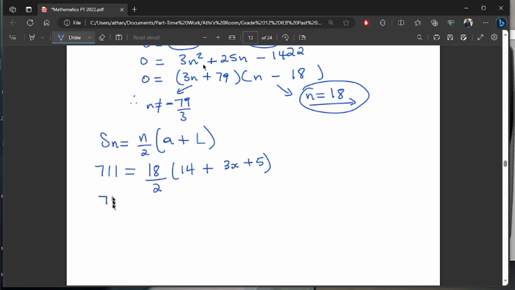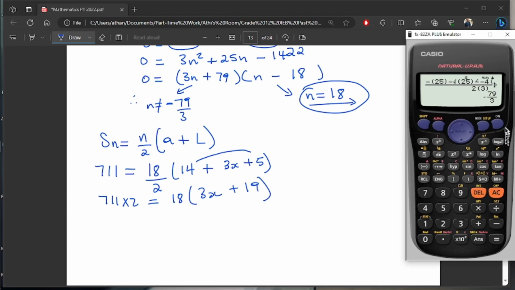I'm going to multiply 711 by 2 and be left with 18 bracket. If you add 14 and 5, let me start with 3x. 14 plus 5 is 19. Can I just confirm that, guys? I'm so sorry, my math is bad. I know I'm a math teacher, but hey. Okay, yes, it's 19, confirmed.